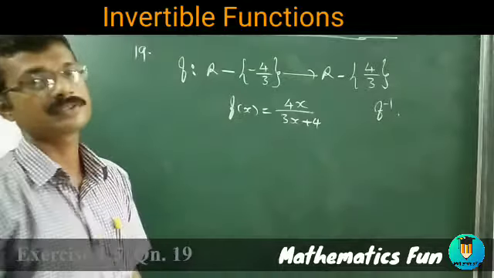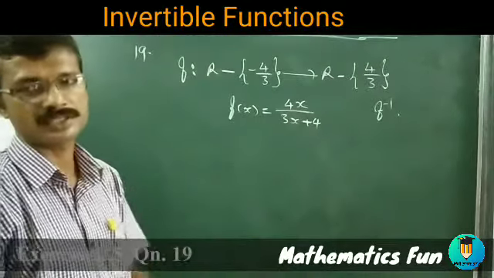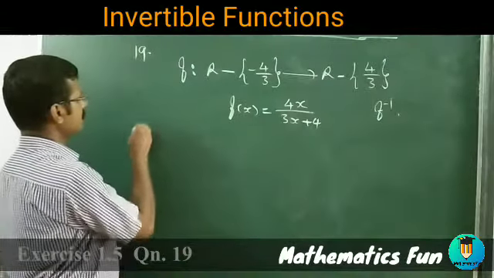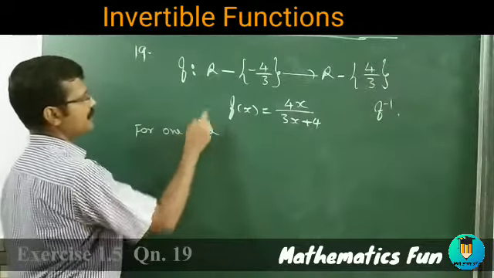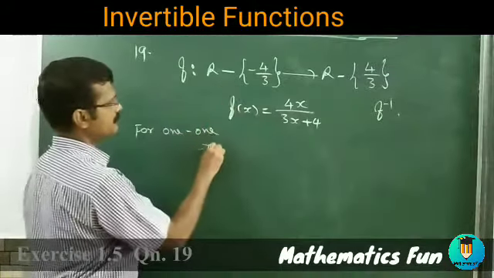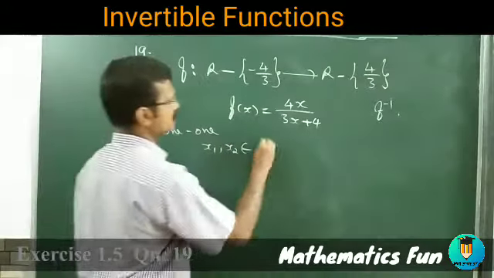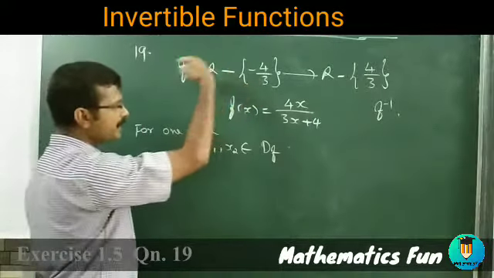So first of all, you have to show it is one-one and onto, that is bijective. Just like before, earlier we have done one-one. I am taking two elements x1, x2 belonging to the domain of f, that is, except this number, any real number.